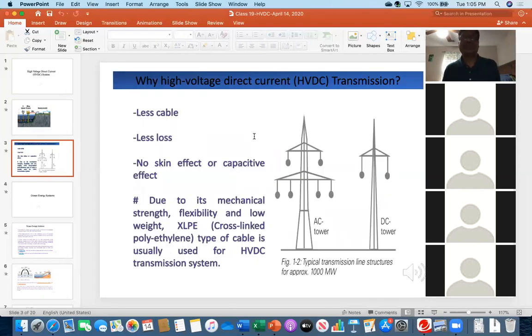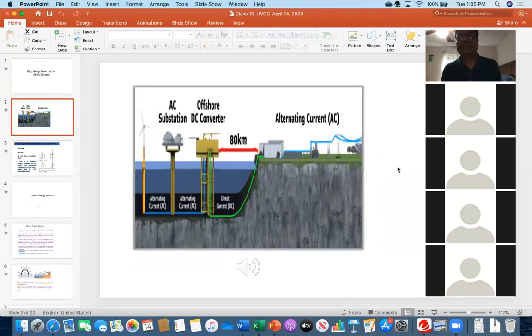Dr. Ali, I have one more question, please. Sure. Why do we have a tower for the AC substation and another tower for the DC converter? Why don't we have the same tower to reduce the cost? First of all, on the left side, the wind turbine produces a small voltage, about 690 volts.